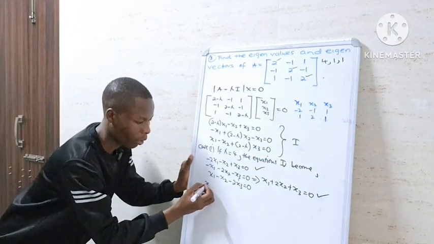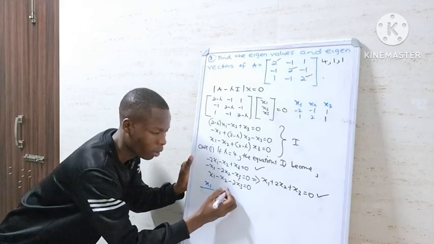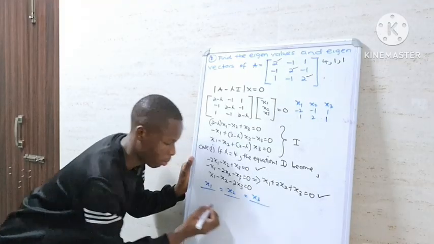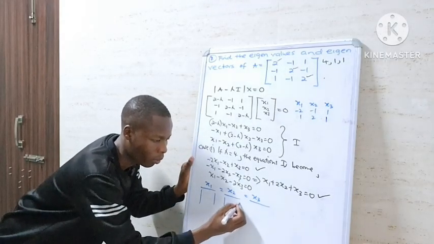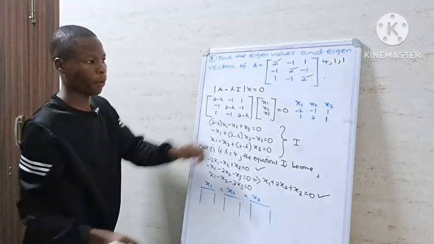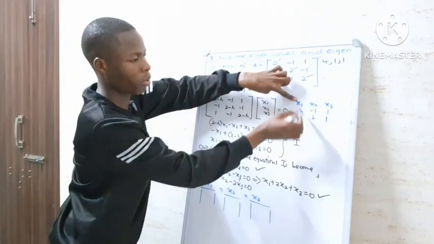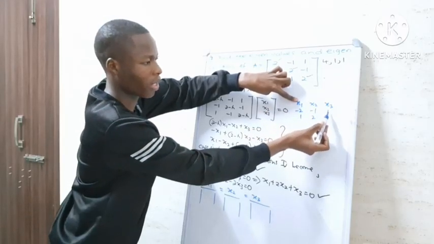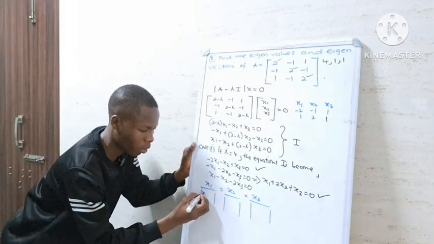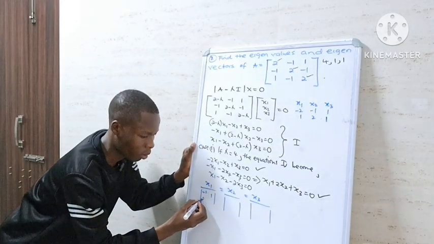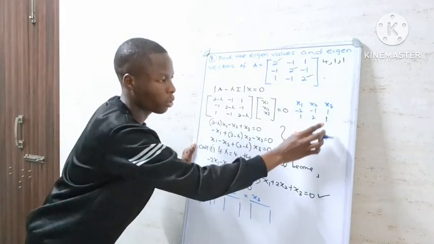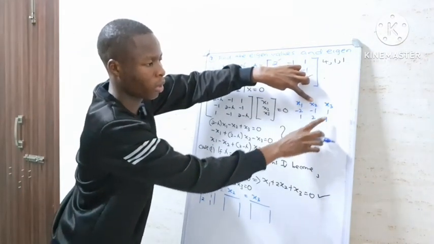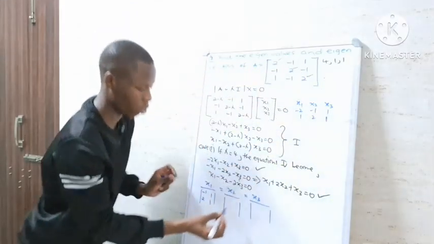Now you write x1 by, is equal to x2 by, which is equal to x3 by. For x1, you're not supposed to take other elements in the same column with x1, so you take negative 1, 1, 2, 1. For x2, you're not supposed to take elements in this column, so you take 1, 1, negative 2, 1.